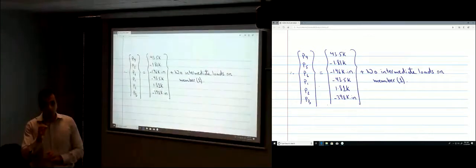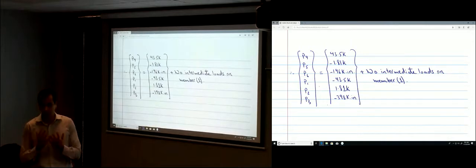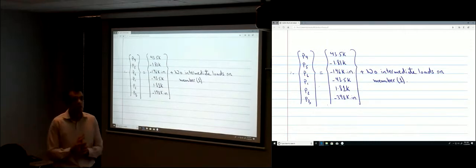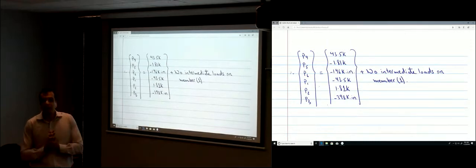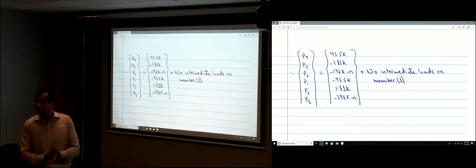Simply, U local is equal to T, the transformation matrix, which you don't have to memorize. You will be given that on the test. It's C, S, minus S, C, and then 0, 0, 1. It's so easy. Multiply those, you get the U in the local direction. Just do the multiplication, it will give you the internal forces.